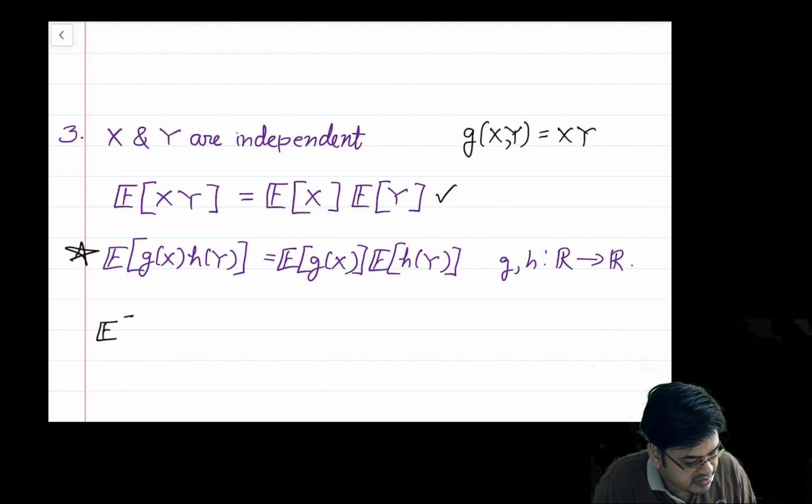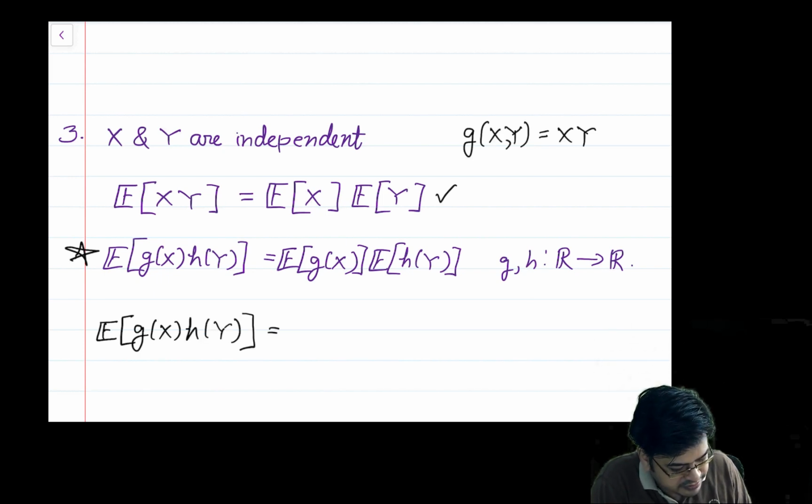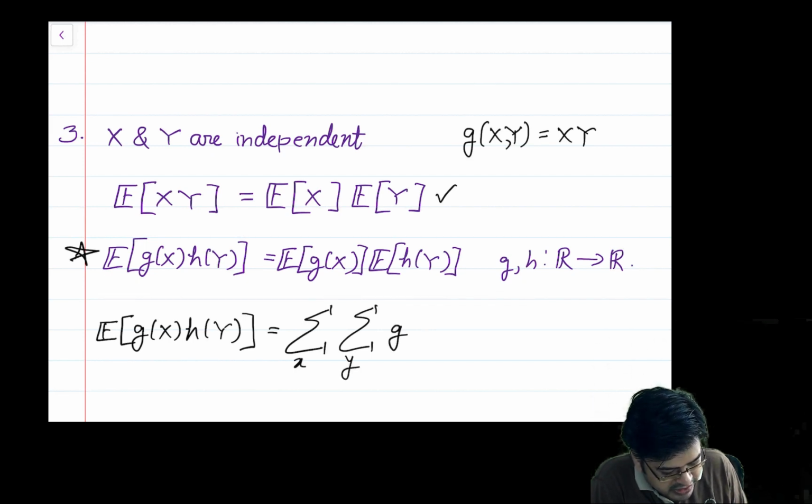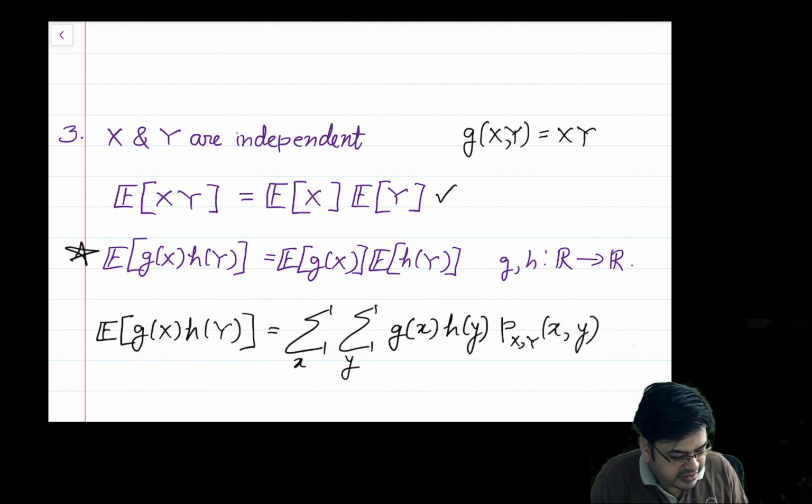So let us start with the left hand side, expected value of g(x) into h(y). This is equal to, use LOTUS, summation over x, summation over y, g of small x, h of small y, and the joint PMF of x, y. So if they are independent, what happens?